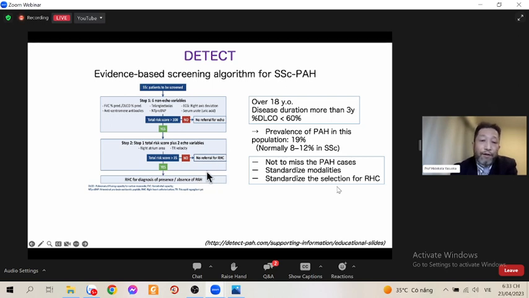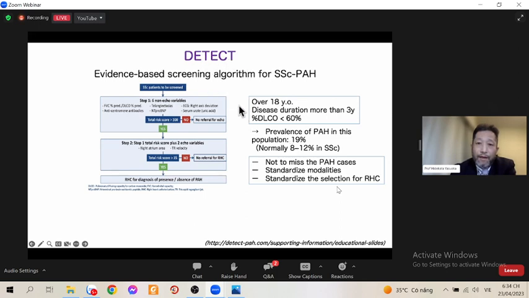This algorithm was tested in SSc patients over 18 years old, with disease duration more than 3 years, and percent DLCO less than 60%. Prevalence of PAH in this population is around 19%, which is higher than the normal population.